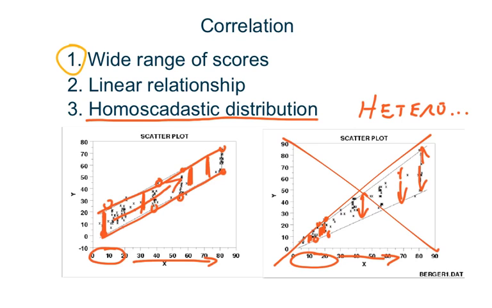And then lastly, you want to make sure that the variability in the y variable remains fairly consistent across all ranges of the x variable. Visually inspecting your data can do that. And I can guarantee you on the exam you're going to be asked about those assumptions of a correlation coefficient. So make sure you know what they mean and you know how they appear graphically.